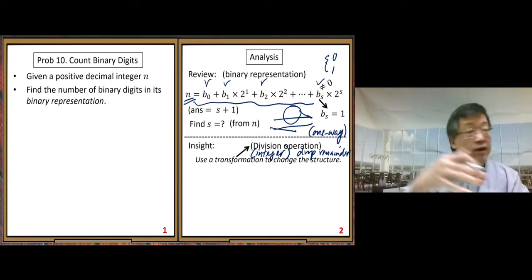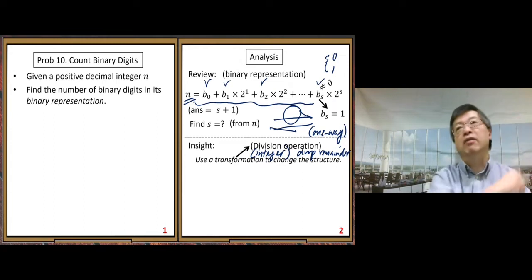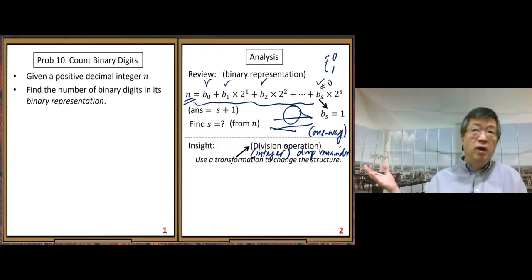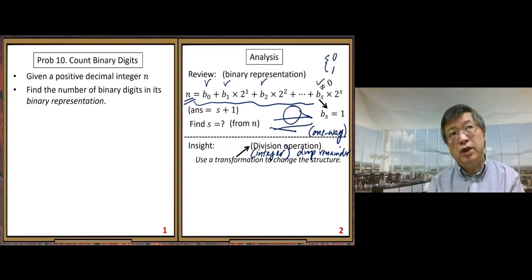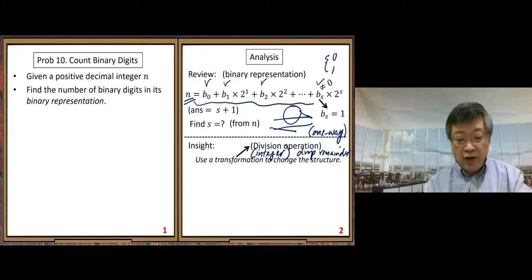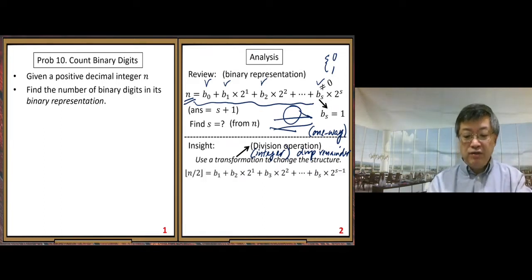When you go back, the dropped remainder cannot be recovered. After you drop the remainder, you do not store it anywhere. So when you want to go back to the original formula, you couldn't recover the remainder. That's why we say it's a one-way formula change. But it's okay, that's enough for us.